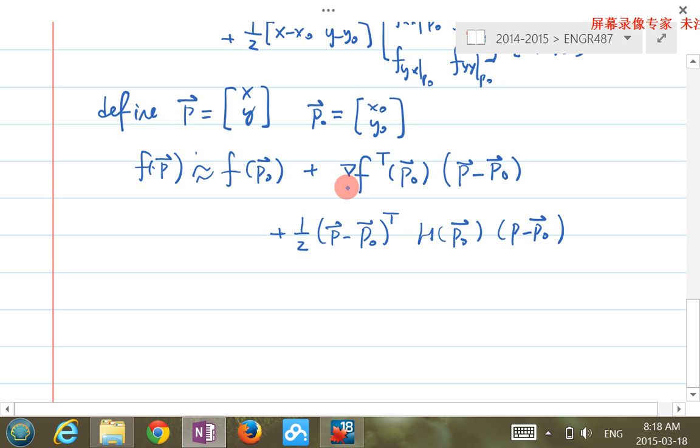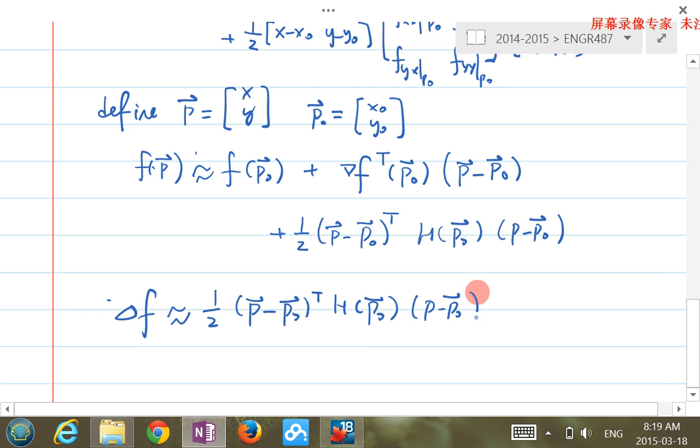So ultimately, if I move this term to the other side, we get that the change delta f is approximately equal to the second term, 1/2, at the stationary point.